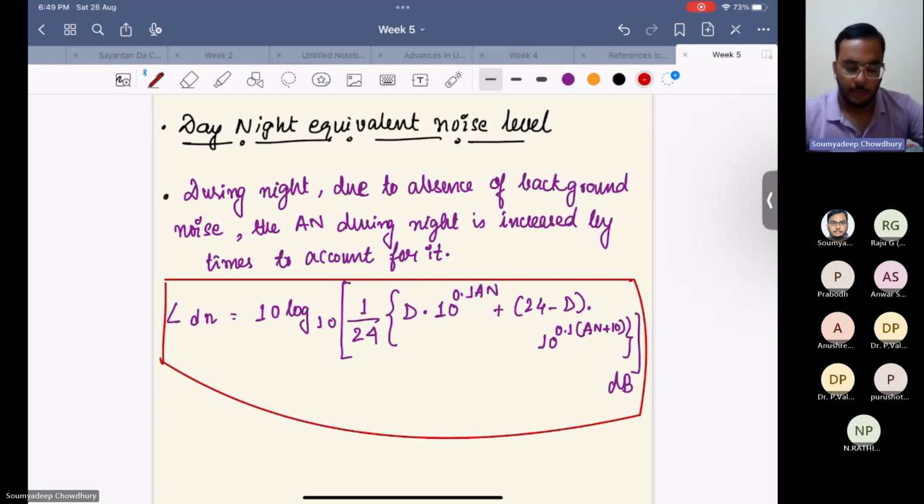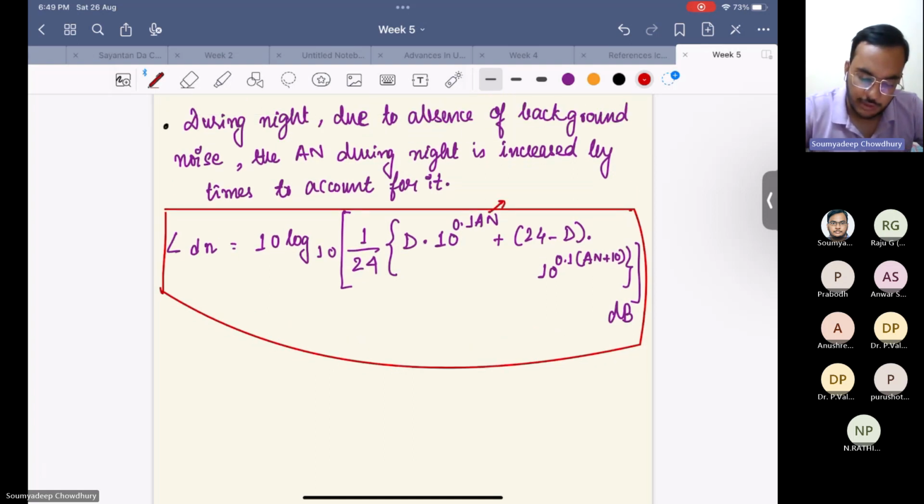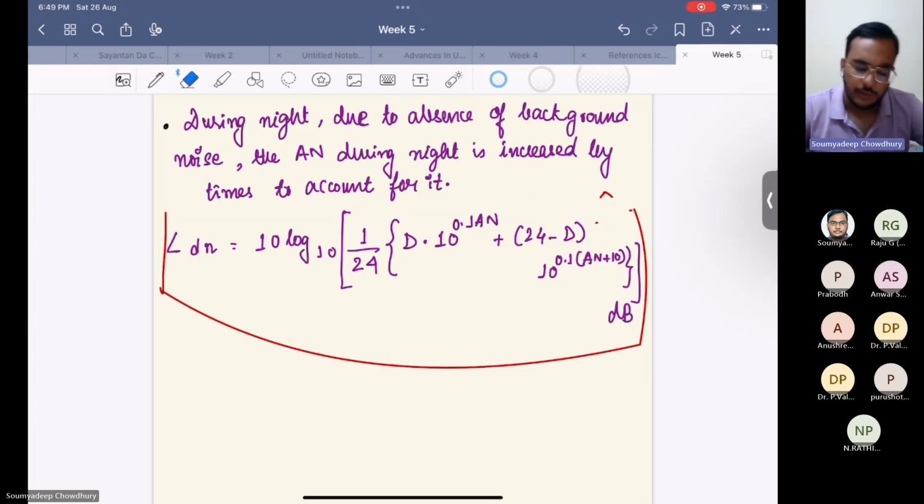So this is our formula. And what is this AN? This is the audible noise during daytime. This is the audible noise during night. Suppose we are getting this total audible noise as 0.1 AN. So D is my daytime hours.